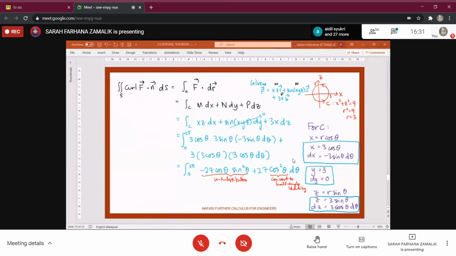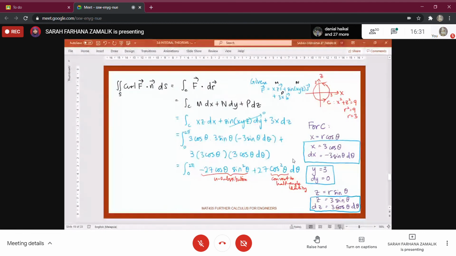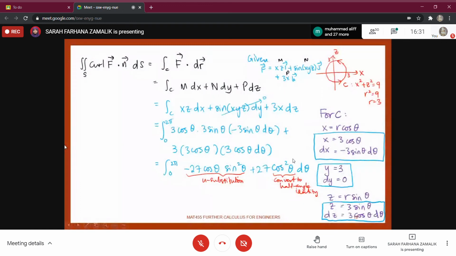Okay, dah ke? Dah. So let's check the component awak buat betul ke tak. Ke ada salah kat mana-mana? Salah. Ada. Kat mana salah? Dekat integration.